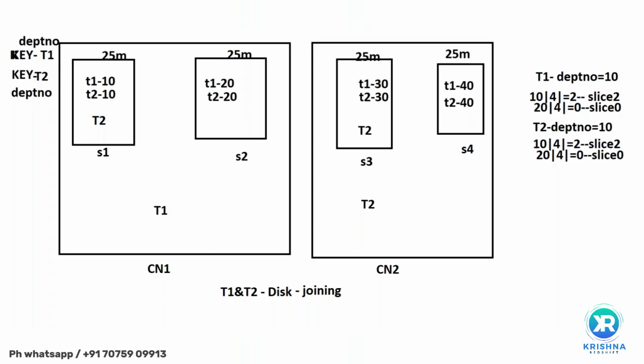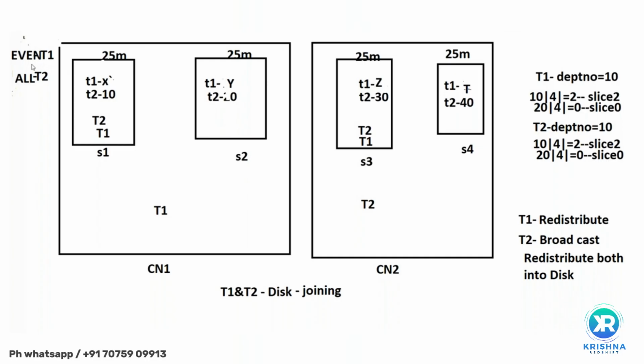If it is distributed based on some unique column which is not used in the join, it may be present in some slice, but the other table's joining column may be present in some other slice. Then how do you join? You understand? Because for joining, both the values should be present in the same place, right?